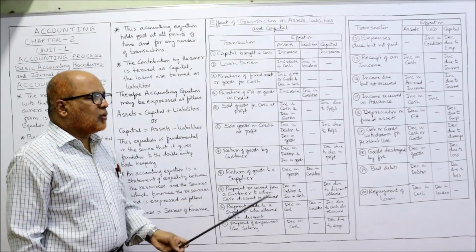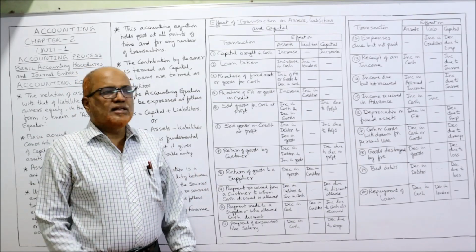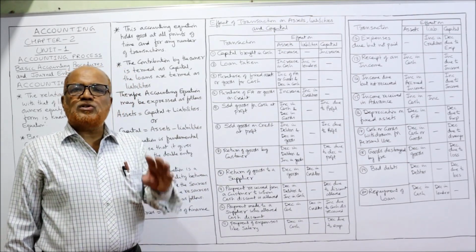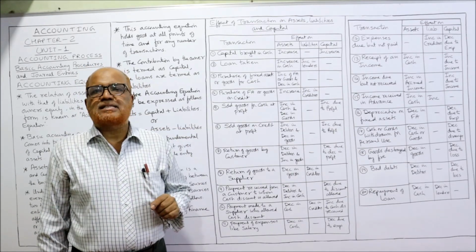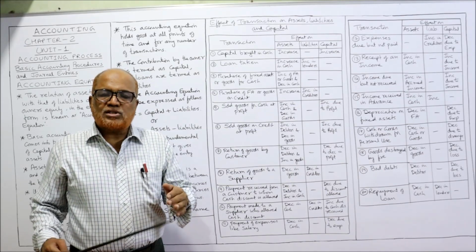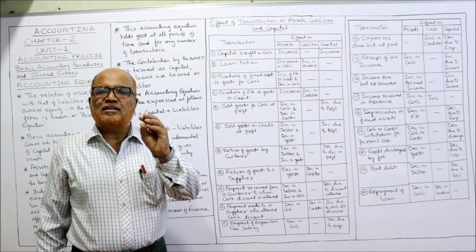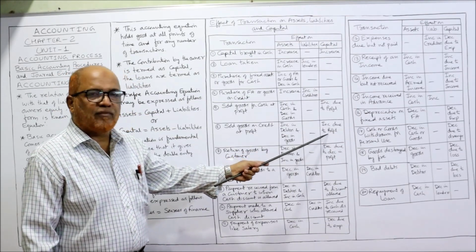Next one, sold goods on credit at a profit. Instead of cash, now we are selling the goods on credit. Suppose 15,000 goods was sold. The cost price is 10,000. When cost price is 10,000 and 15,000 is the selling price, 5,000 is the profit. That profit will increase the capital, increase due to profit.